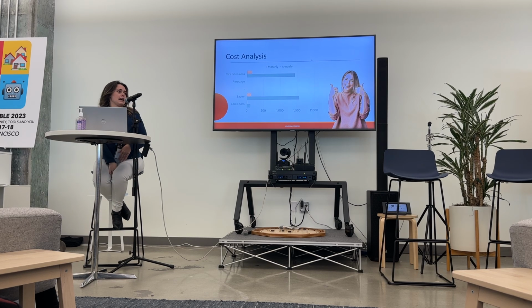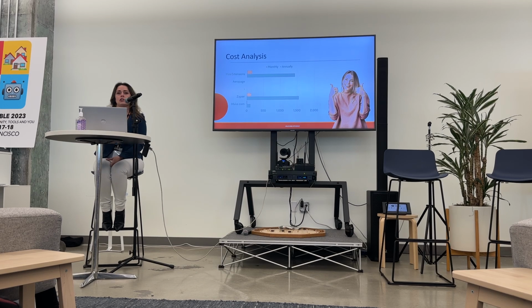A little bit of a cost analysis. I didn't want to go into crazy details on this, but just to give you a picture, right? Mini extensions is now what? $87 a month, right? And then if you're on the annual plan, you're looking at 1,500-ish.